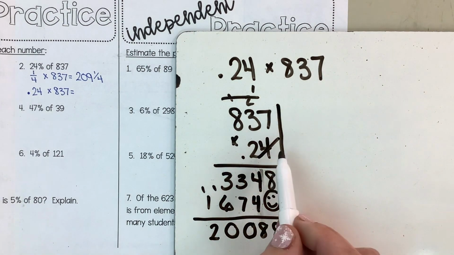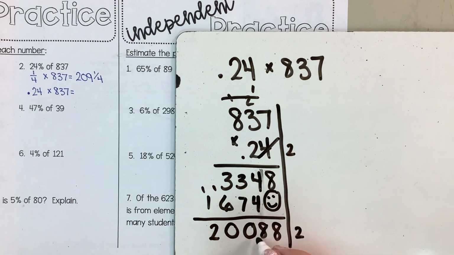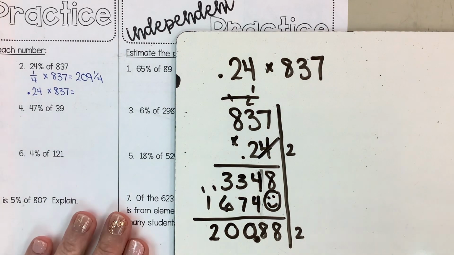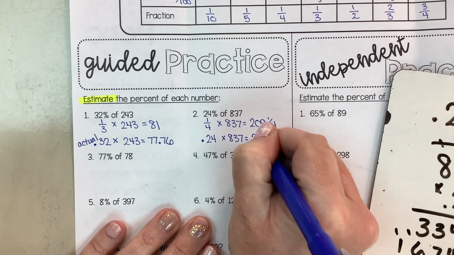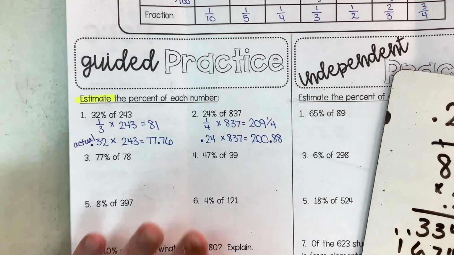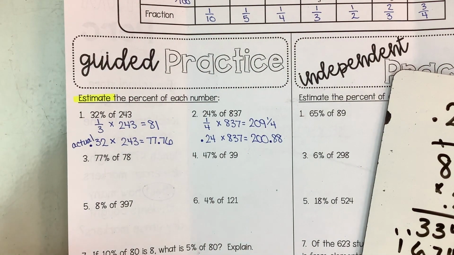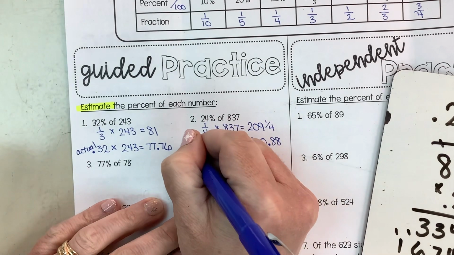We have 2 decimal spots, so our answer will also have 2 decimal spots. So our answer is 288 hundredths. A little bit farther away, this is our actual answer.